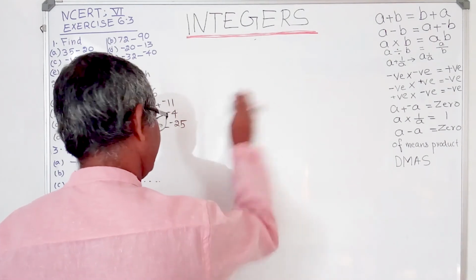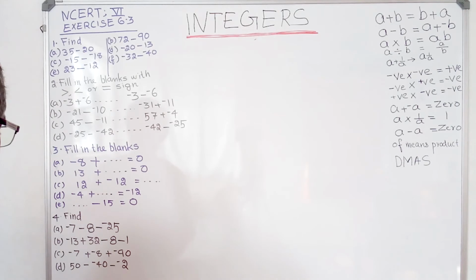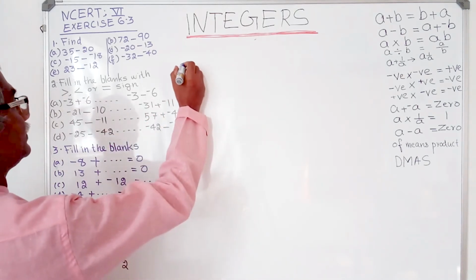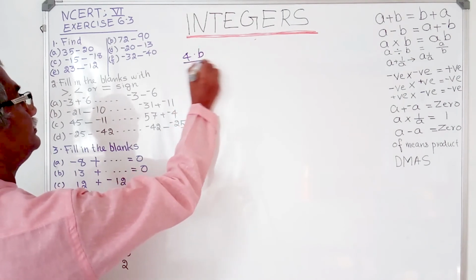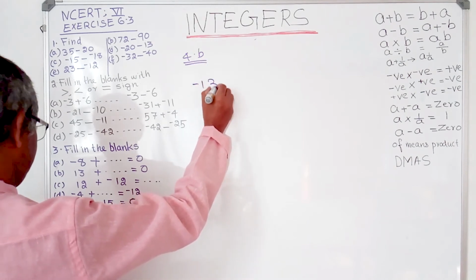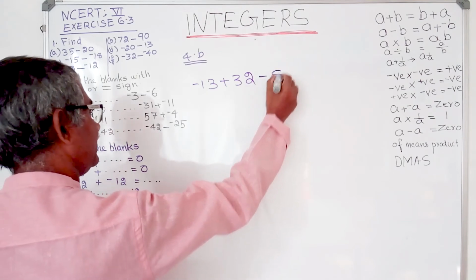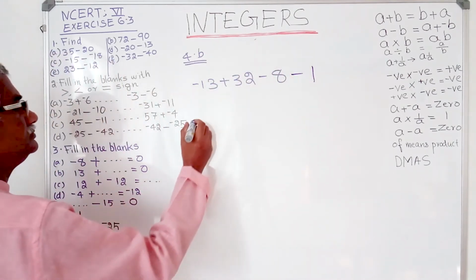For B, what is for B? Negative 13 plus 32 minus 8 minus 1.